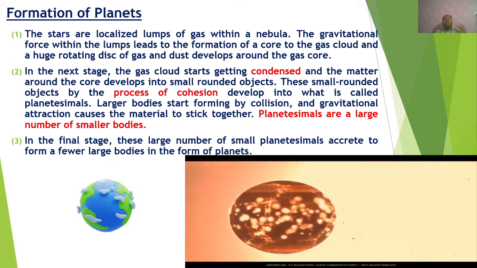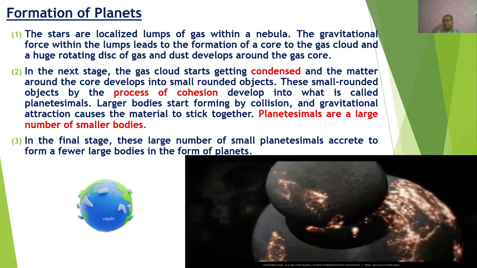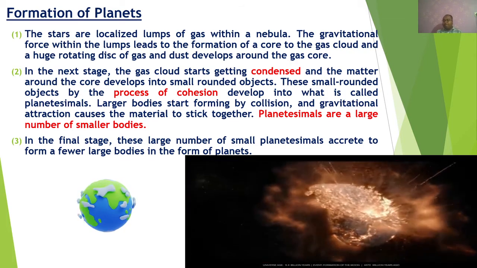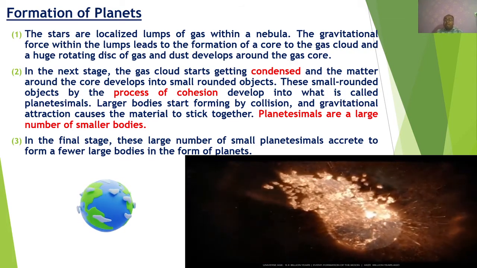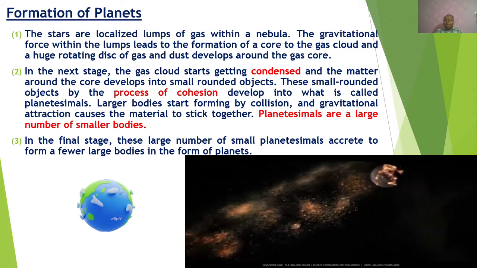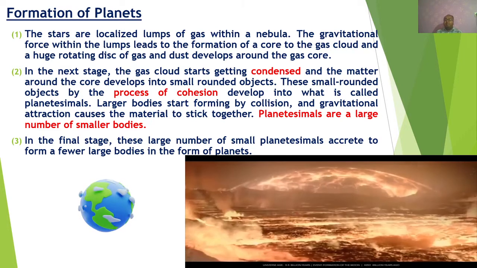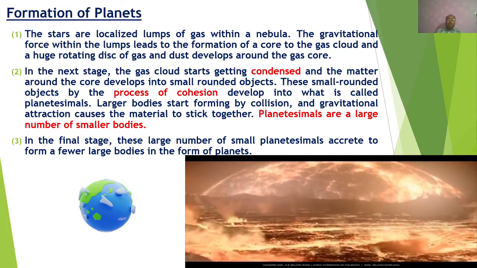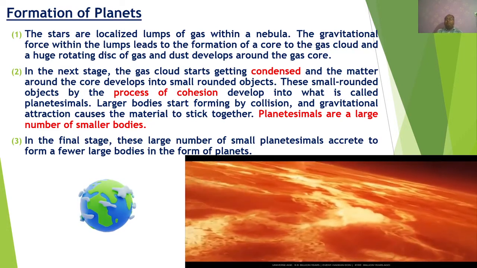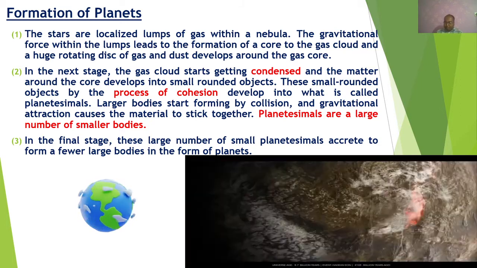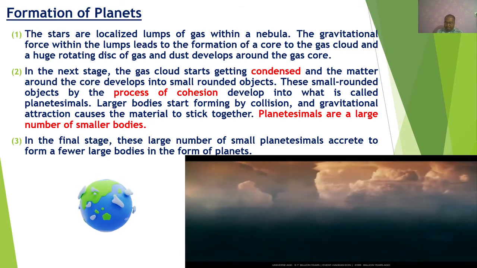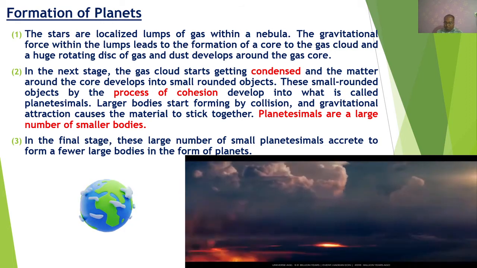Planetesimals are a large number of smaller bodies. So what is a planetesimal? A large number of smaller bodies, and these smaller bodies collide, that is, cohesion takes place. Okay, and in the final stage, this large number of small planetesimals accrete to form a fewer large bodies in the form of planets. So after rampant collision, finally there is a formation of a planet.